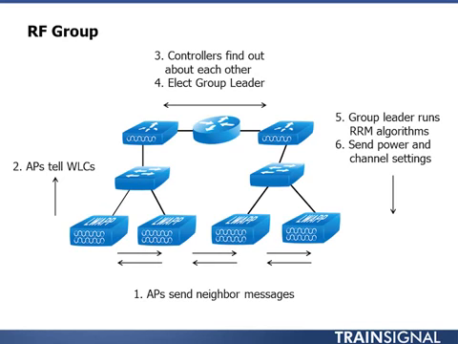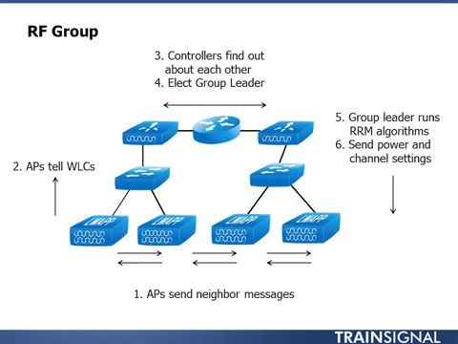And then based on that information, it sends out to the other wireless LAN controllers, here's the recommended power and channel settings for your access points. And then the wireless LAN controller will then update the configuration in each of the access points. So now my network has been optimized for the best power and channel setting.